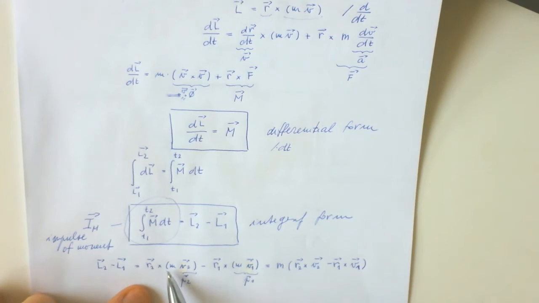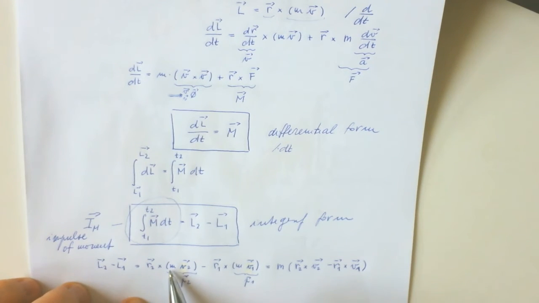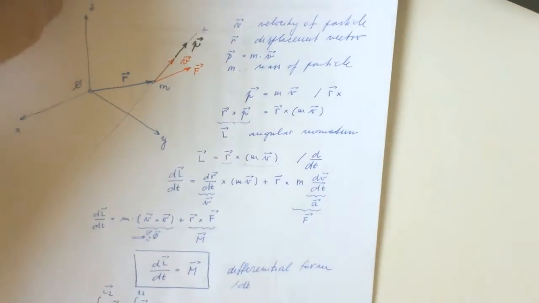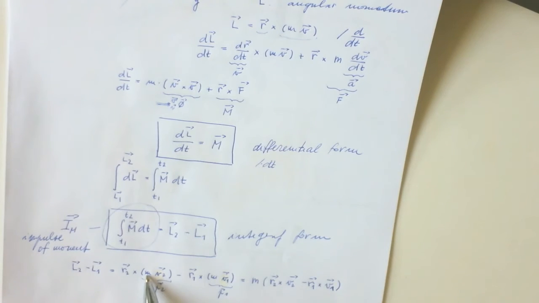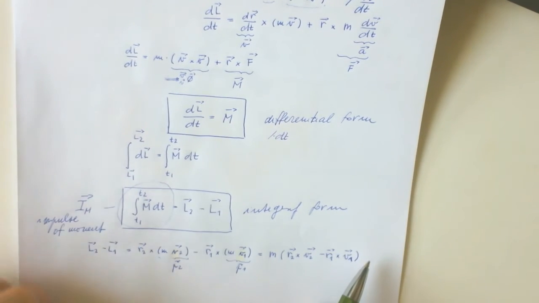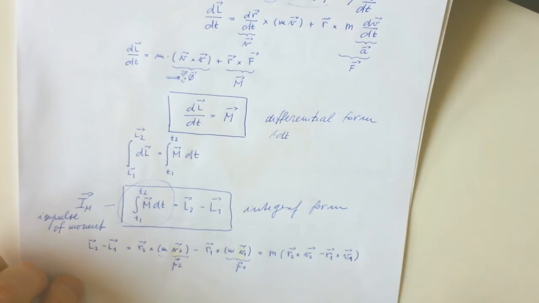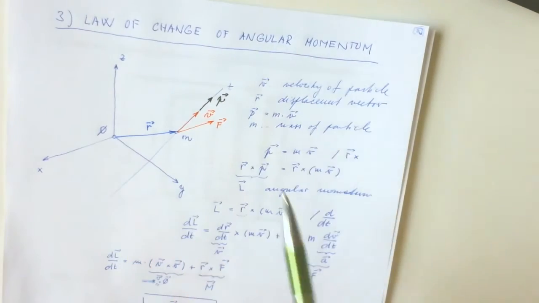And because m is not changing during the process, we assume that the mass of the particle doesn't change during the motion, we can put the mass out of the brackets and this remains. So it is m by r2 by vector sign v2 minus r1 v1. Now we can make an example to demonstrate the use of the law of change of angular momentum.